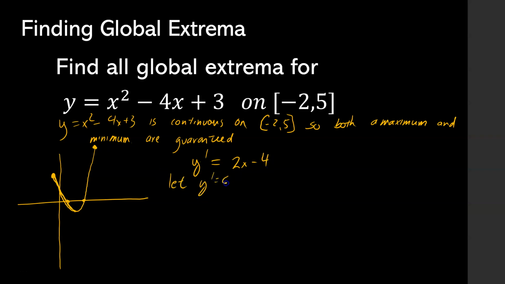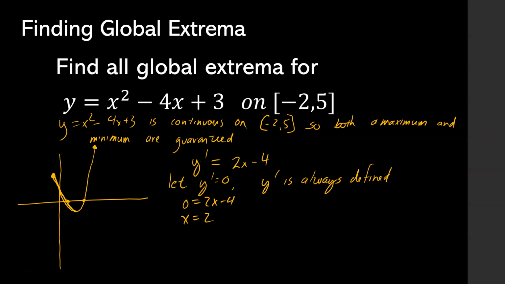Let y prime equal 0. Y prime is never undefined, maybe always defined. And 0 equals 2x minus 4. X is equal to 2. Okay. Are you confused? We were supposed to find a maximum and a minimum, but we only found one critical value, x equals 2. Well, that's okay.